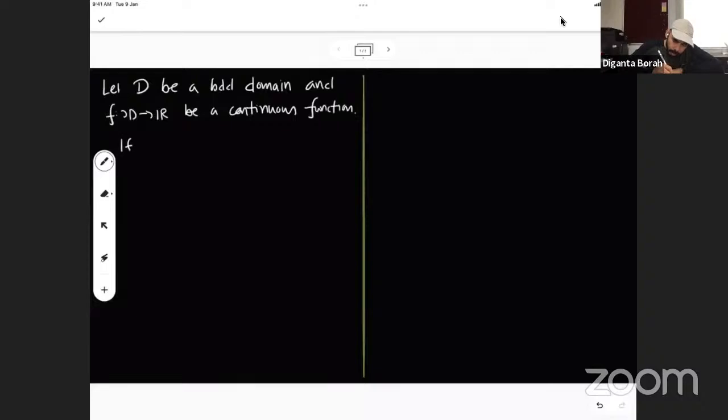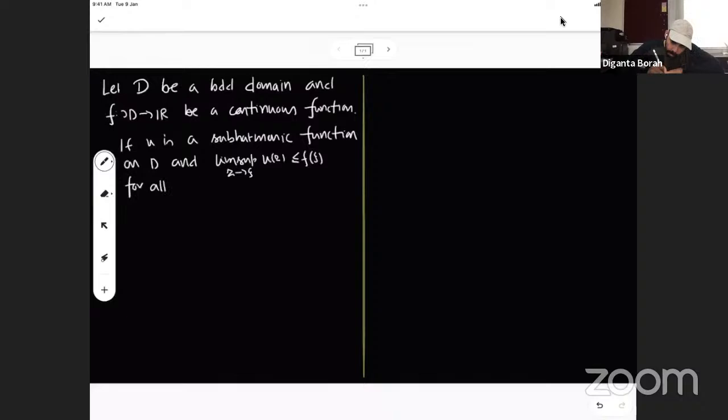If u is a subharmonic function on D, and on the boundary, the limit of u is not more than f, then u is called a subsolution.